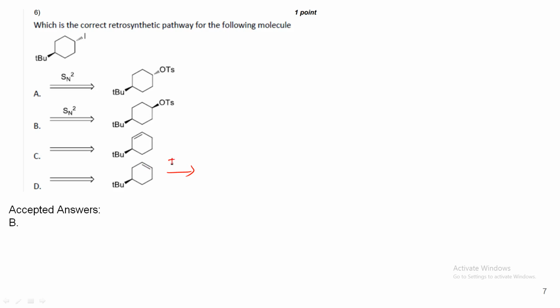One of the easier ways would be HI treatment, and it would generate quite a lot. There would be very little selectivity if we do this particular HI treatment, because one product would be this and here it is a chiral center. So here we are getting two products, and here also iodide but two products.